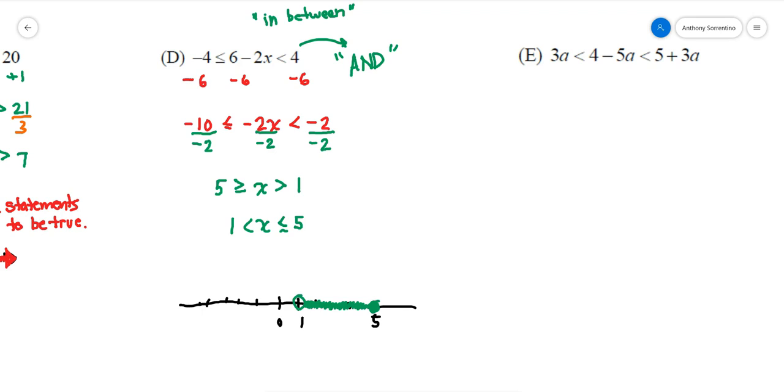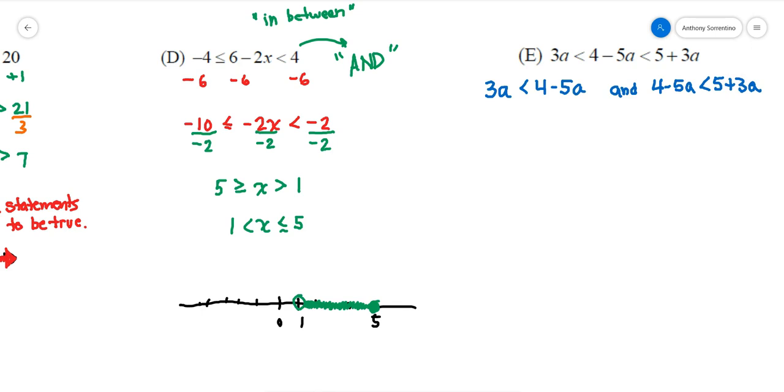So when I deal with a situation like this in E, I'm going to take this inequality, 3a is less than 4 minus 5a, and I'm going to split it up and say and 4 minus 5a is less than 5 plus 3a.